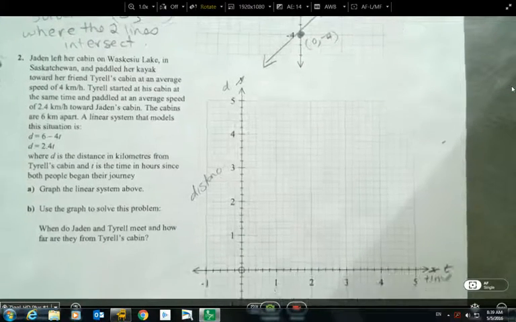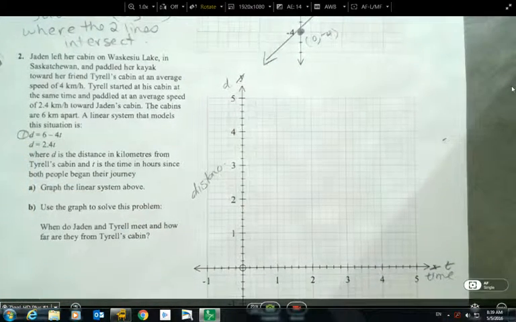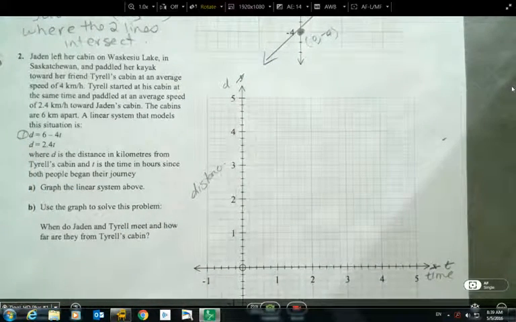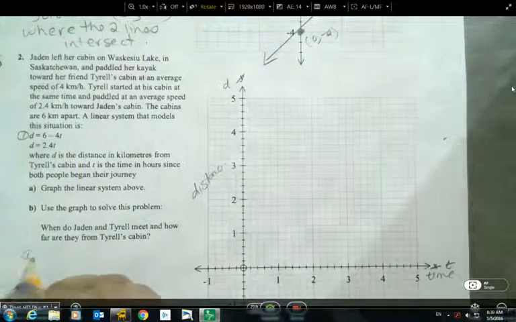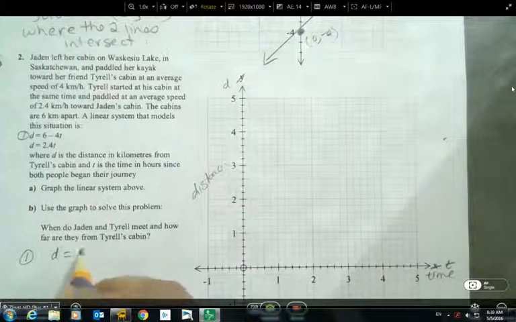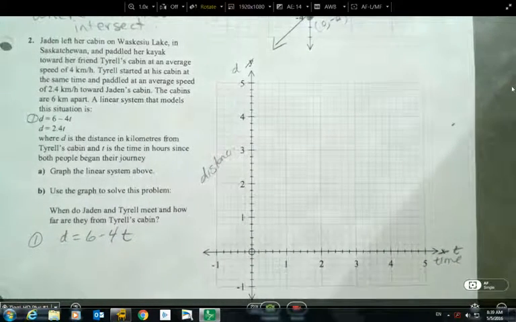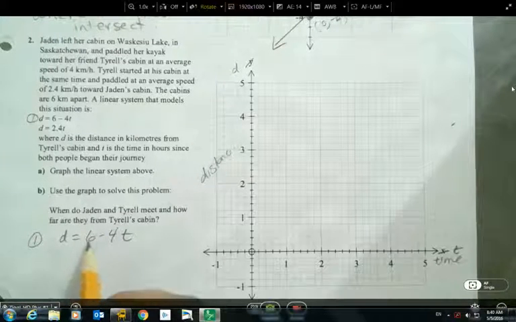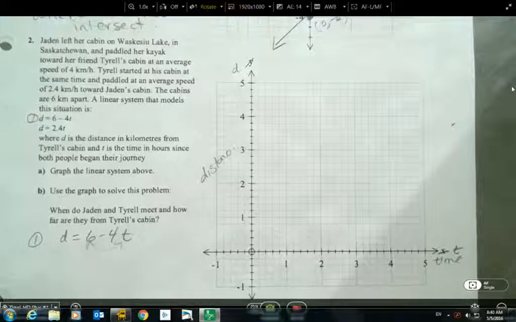Let's call this equation 1, d equals 6 minus 4t. It doesn't really look like it's in y equals mx plus b form, does it? So what can I do to make it look more like it? Rearrange this here.